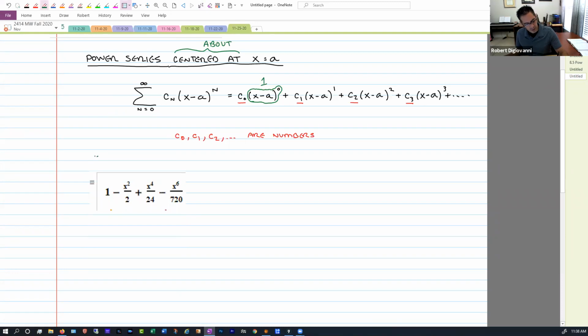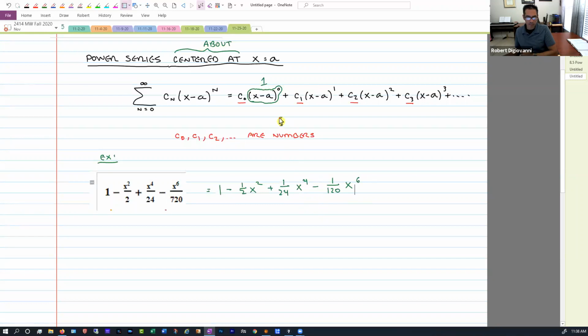So if we look at this as an example, what you'd have to see here is that we have 1, and then, let me write it out first. Minus 1/2 x squared plus 1 over 24 x to the 4th minus 1 over 120 x to the 6th.